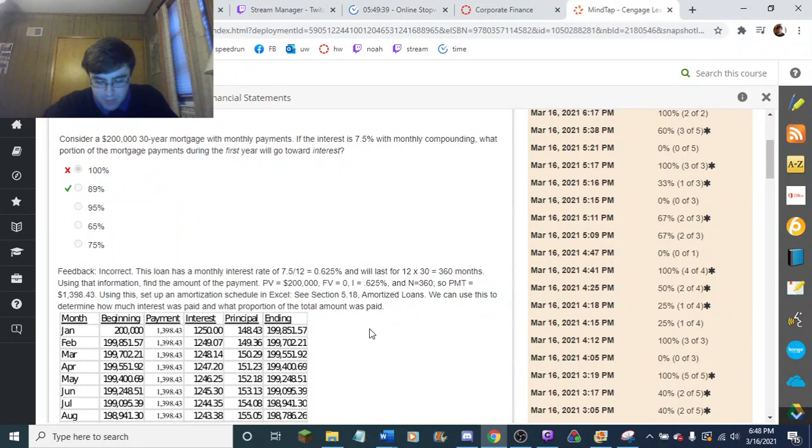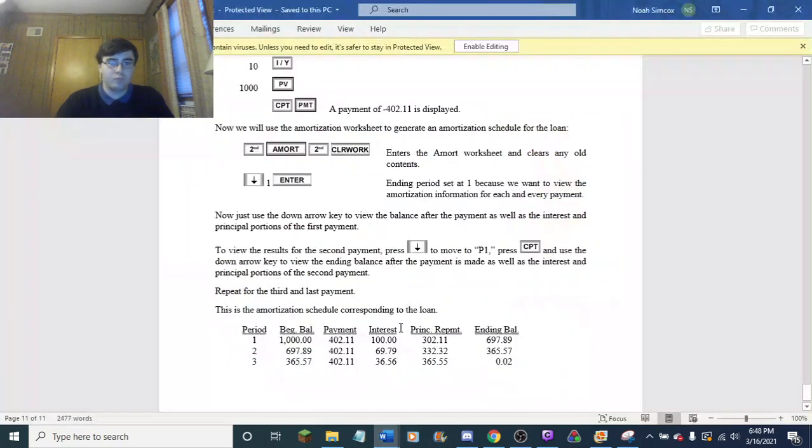So second, no. Now, where's amort? Second amort. P1 is equal to, wait, second clear work. Now, ending period.